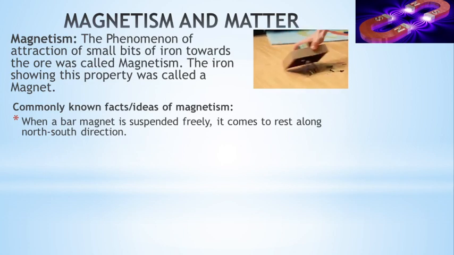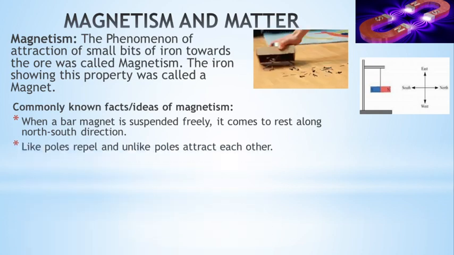That means any magnet you suspend freely, first it oscillates, after that it comes to rest only in the north and south direction. That property is known as directive property.